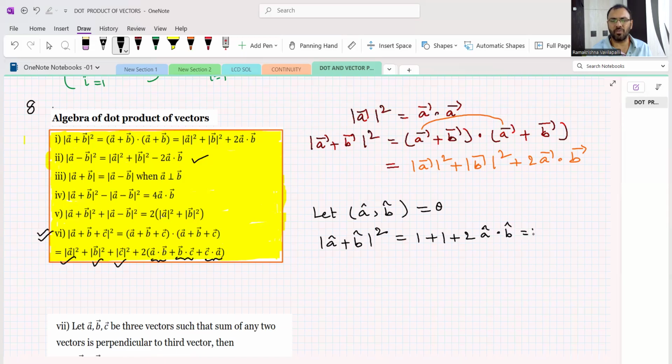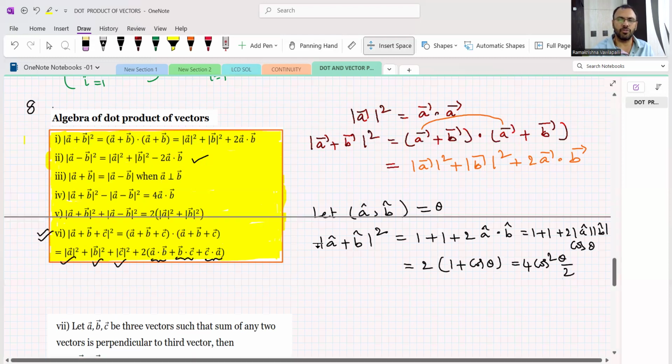This I can write as 1 plus 1 plus 2 into mod A cap into mod B cap into cos theta. So this I can write as 2 into (1 plus cos theta). This I can write as 4 cos square theta by 2.